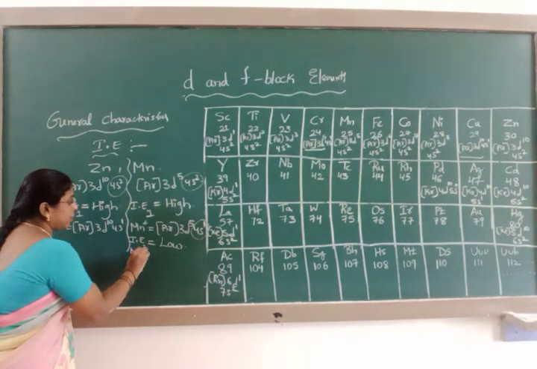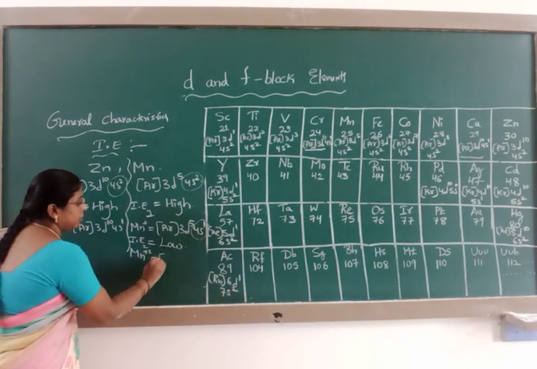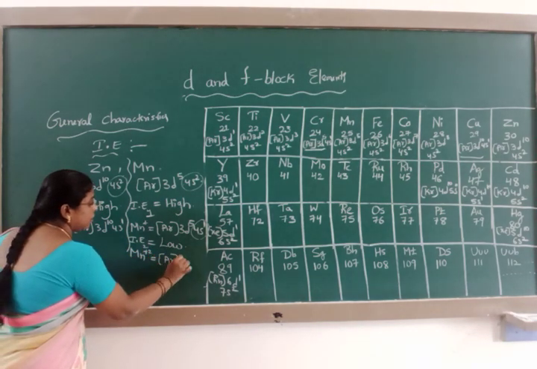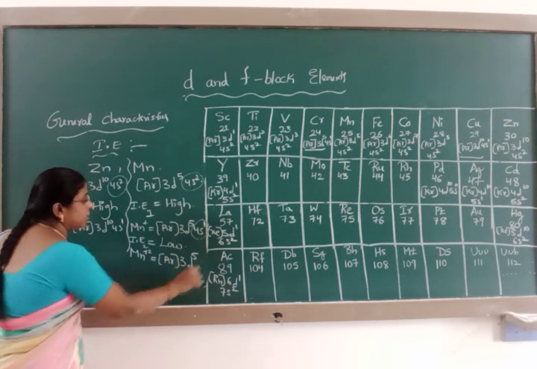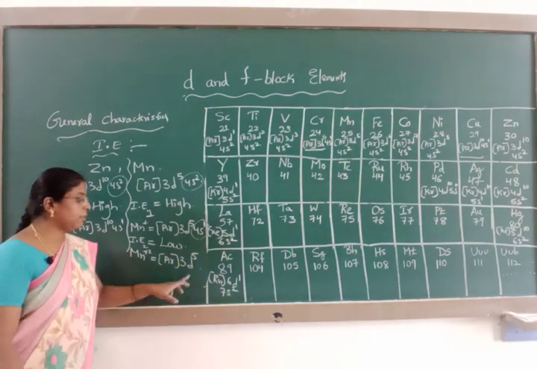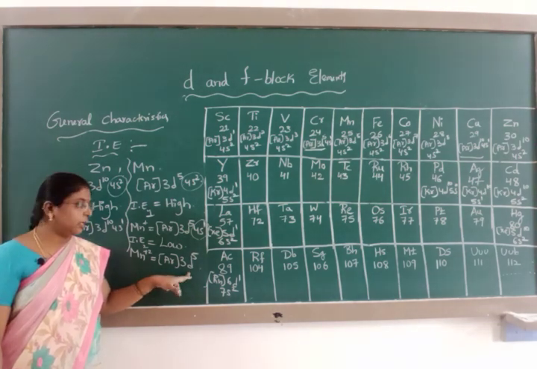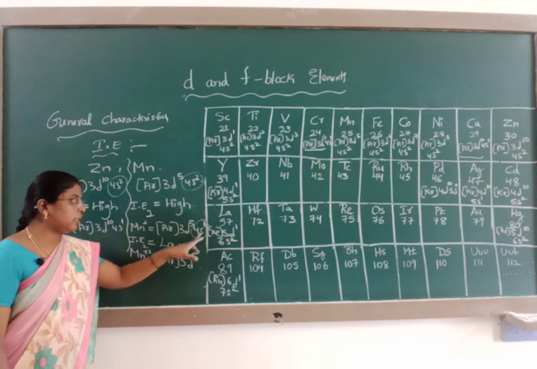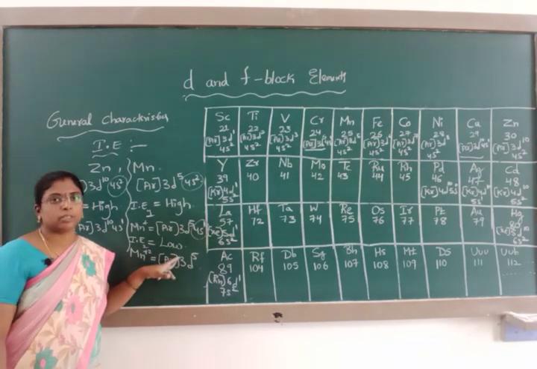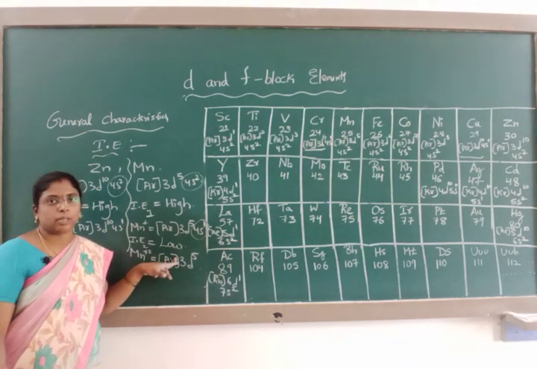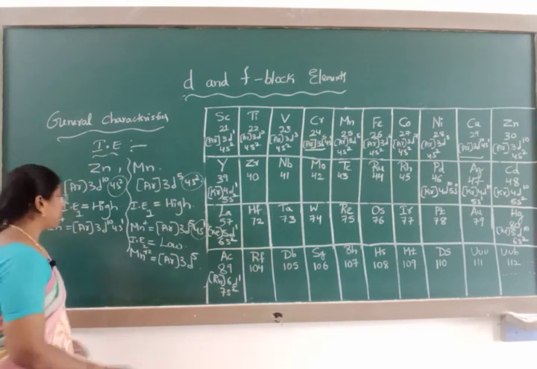Hence, its configuration becomes argon 3d5. To attain stability, you know that half-filled and completely filled orbitals are very stable, so it easily loses the electron. The second ionization enthalpy is low in the case of manganese.